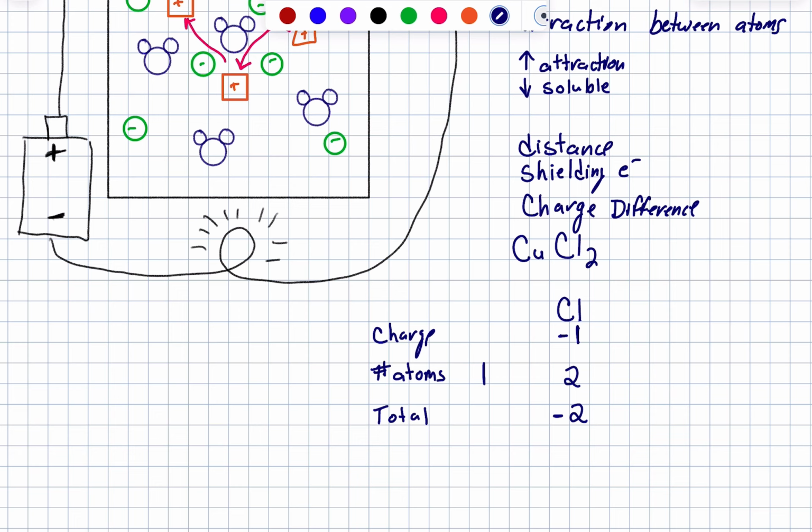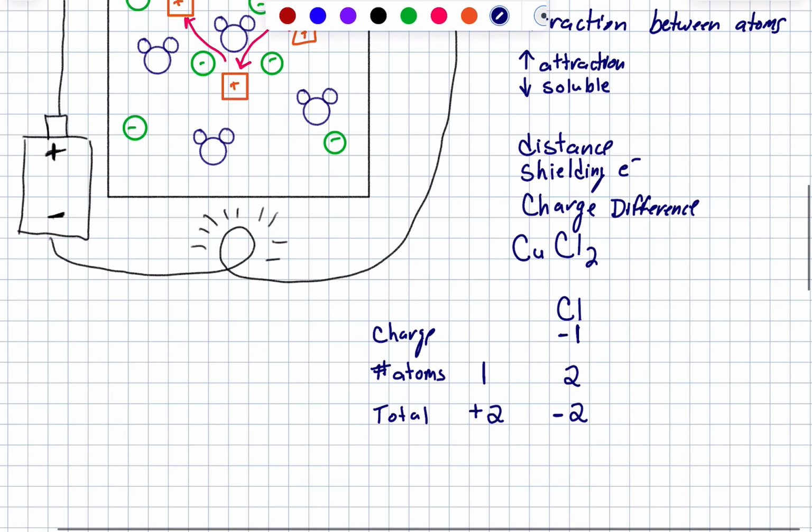I also know that my compound forms because it will form a neutral compound. So to be neutral, I need to cancel out the -2 from the chlorine. So that means I need to have a +2. The charge times the 1 atom I have will give me a charge of +2. And in this case, it's going to be a +2.